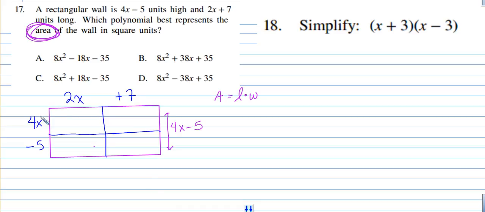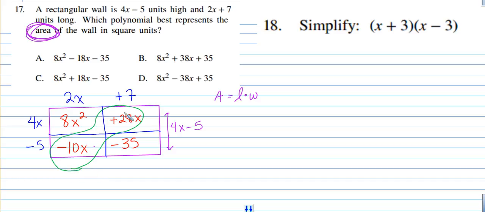Okay? 4 times 2 is 8, and x times x is x squared. 4 times 7 is positive 28, and then you got an x that comes down. Negative 5 times positive 2 is negative 10, and then the x comes down. And then negative 5 times positive 7 is negative 35. We go through and we look at our peanut. Okay?